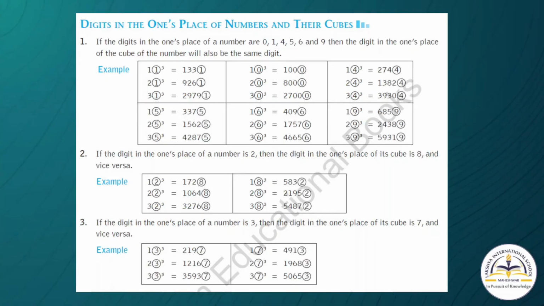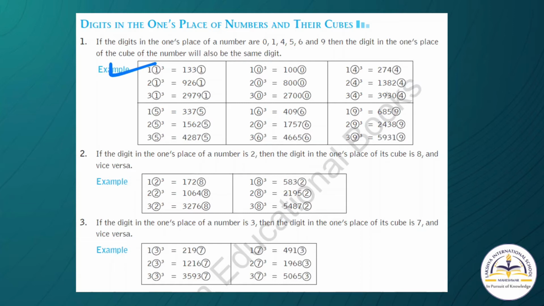Now, the digit in the ones place of a number and of its cube. If the digit in the ones place of a number is 1, 0, 4, 5, 6 or 9, then the ones place of the cube of the number will be the same digit. You can take the example of 11. 11 cube is 1331.